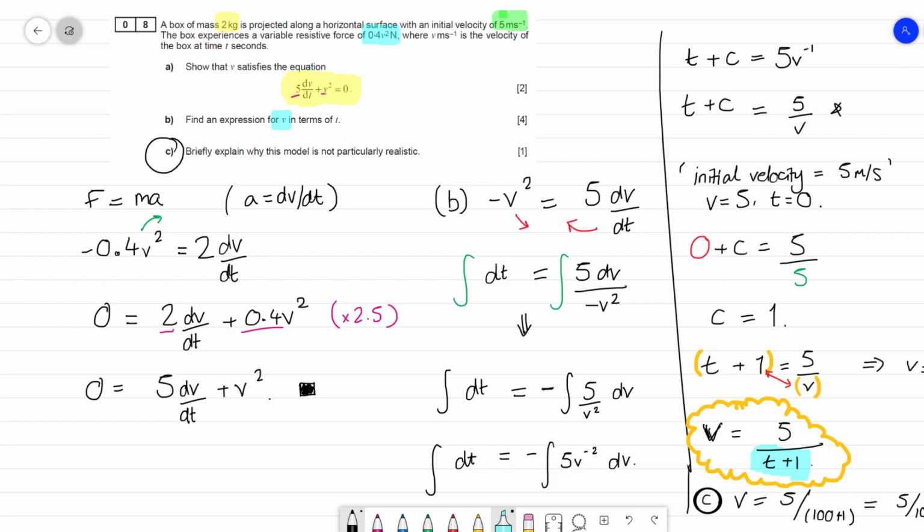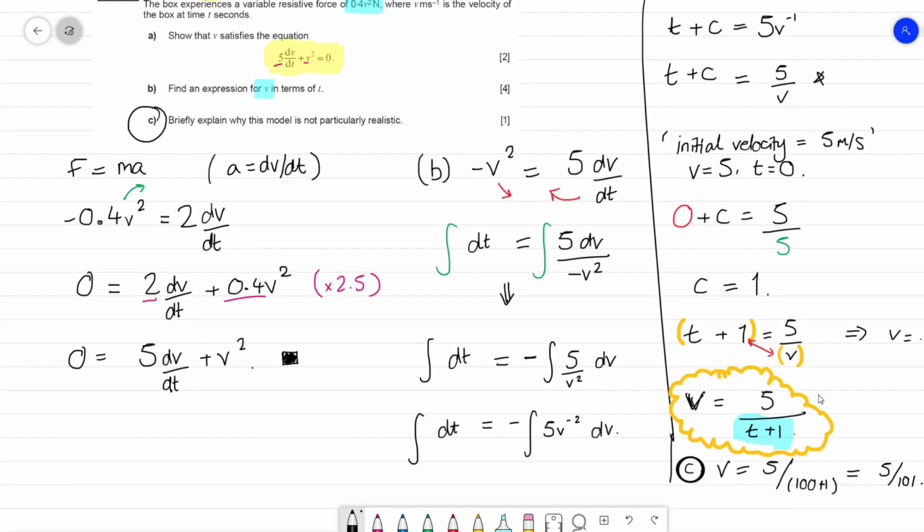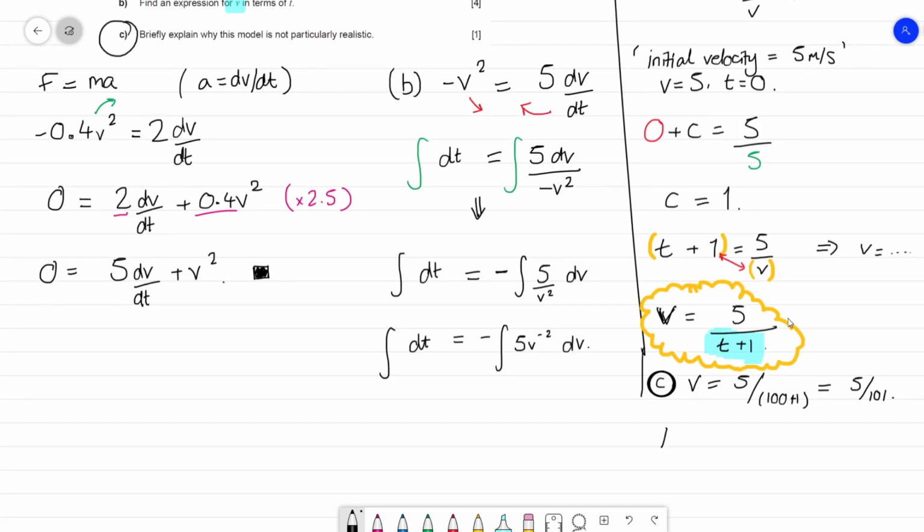You're not going to get a velocity of 0 ever with this expression. So I guess the justification is the object can't stop in this model. That's a shame, but it gets us the mark.